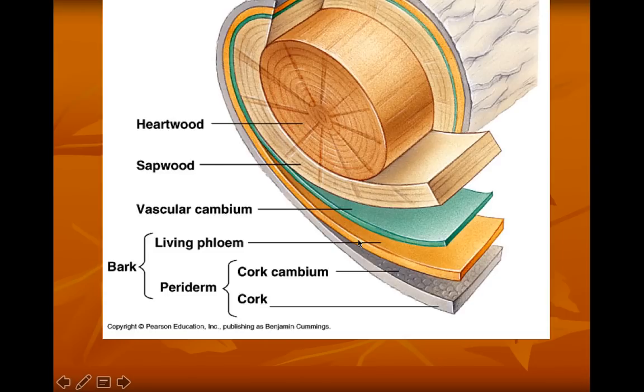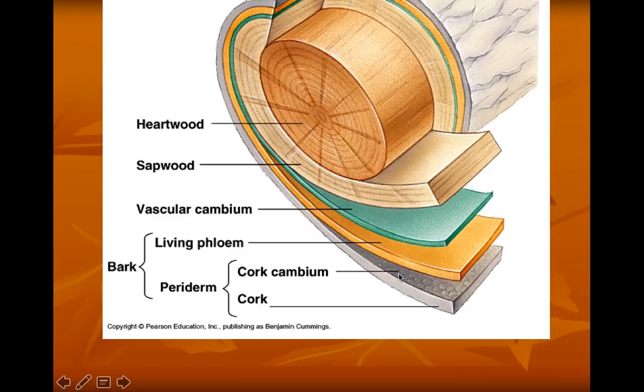Okay, so to point them out here, here's the vascular cambium in green, right? What you see in orange and gray, that together is bark. So you have the living layer of phloem that's growing from this vascular cambium. That's going to be what transmits nutrients down from the rest of the plant to the roots. But then you also have the periderm, which is what we see in gray.